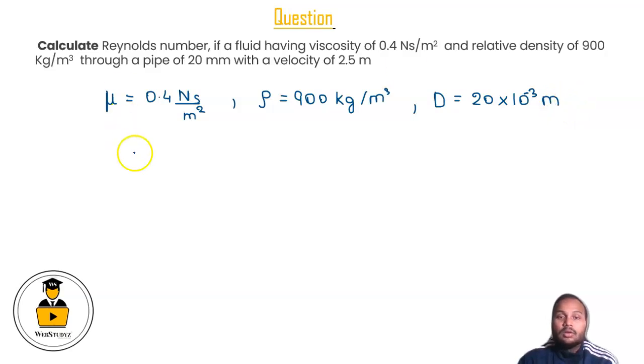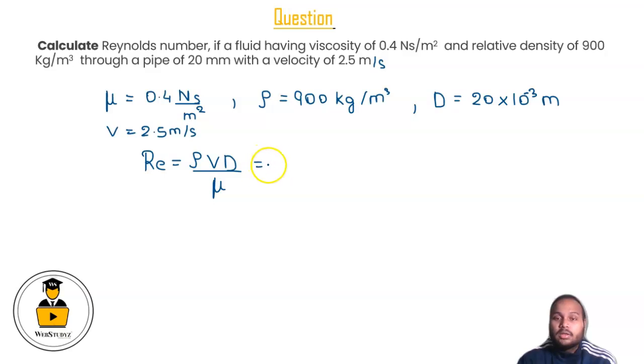Now we can write our Reynolds number. The formula is rho v d by mu. The velocity was 2.5 meter per second. So we can substitute the values.